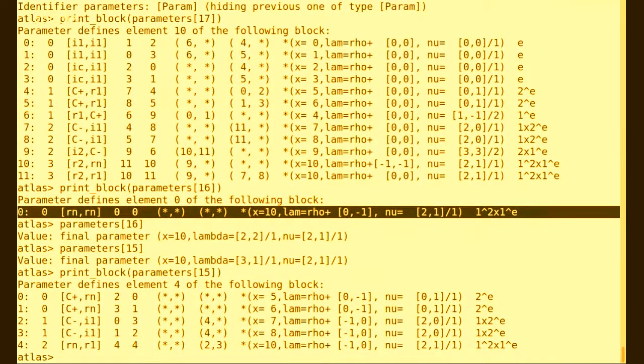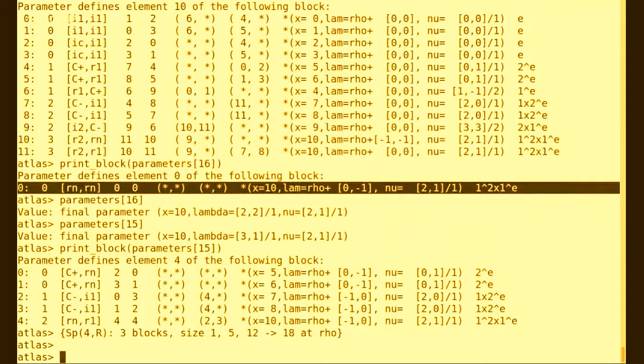So how many representations do we have here? 1, 2, 3, 4, 5. That's the missing 5 representations. So SP4R has 3 blocks of size 1, 5, and 12, which gives you these 18 representations. This is all at rho.